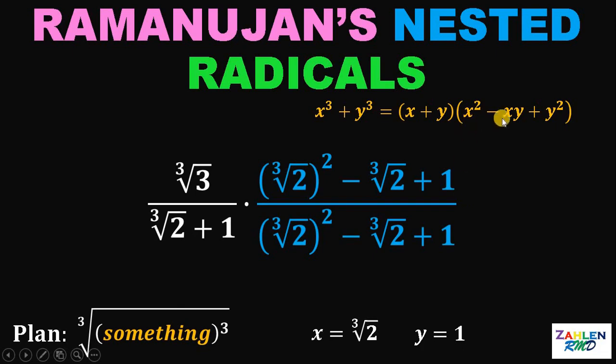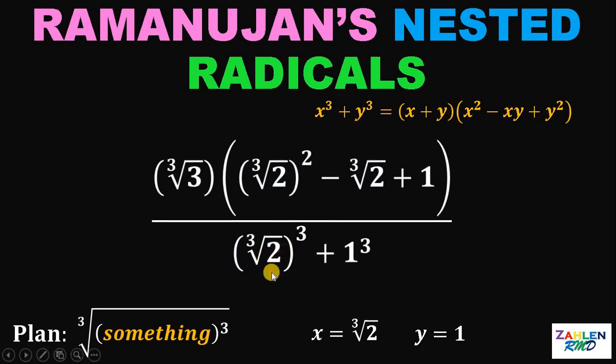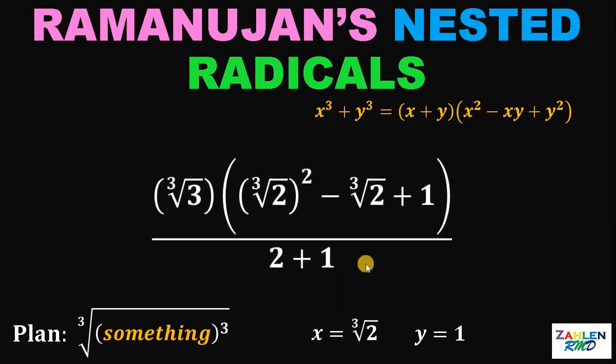This is just x squared minus xy plus y squared. Therefore, the denominator of our fraction can be written as x cubed plus y cubed, or simply cube root of 2 cubed plus 1 cubed. Now, cube root of 2 cubed is just 2 and 1 cubed is just 1. So, 2 plus 1 is just 3.